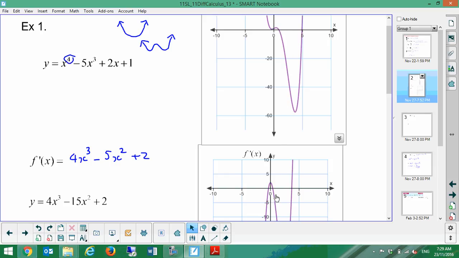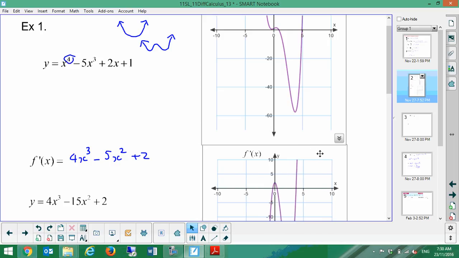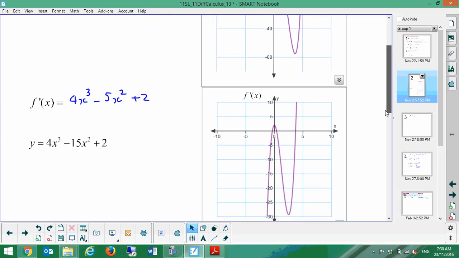And then after this zero, that corresponds here, we've now got a positive gradient again. So we can start to explain the shape of our curve by the gradient function. But as I said, next chapter we do lots of this.